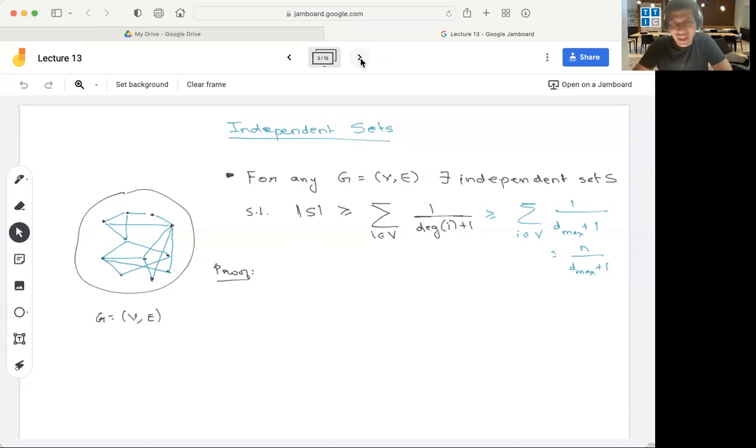But I'm not going to show a procedure for finding it. Although we can at least show a random procedure. Any questions about the bound before we prove it?